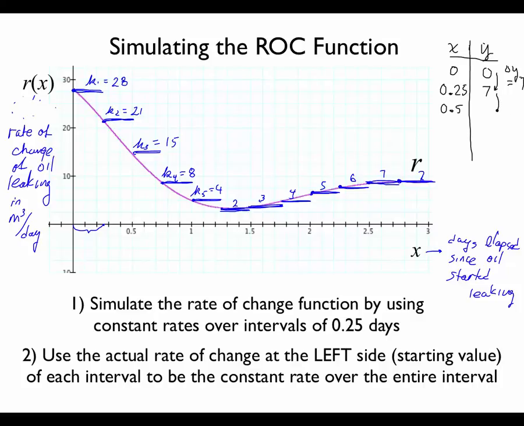Then another quarter day later. So we'll do our delta y first. From 0.25 to 0.5 days, what was the change in y? How much oil leaked out, according to our simulated rate function?